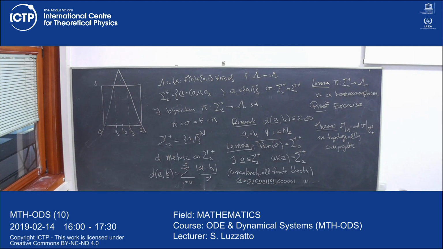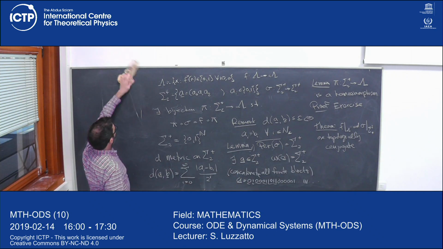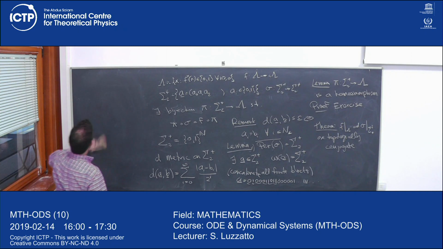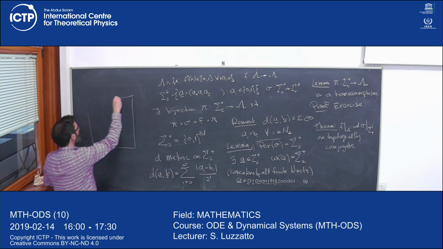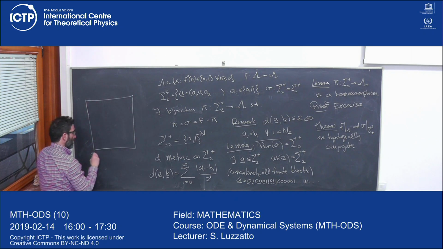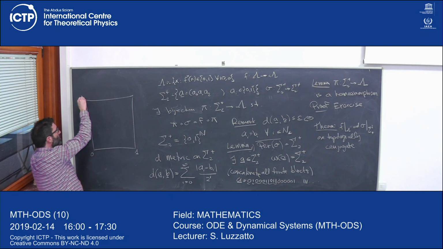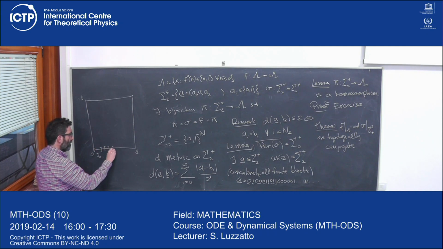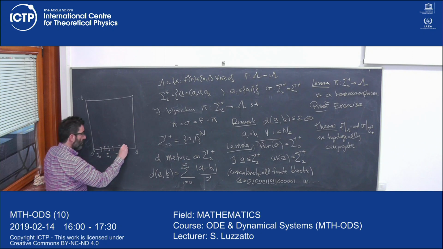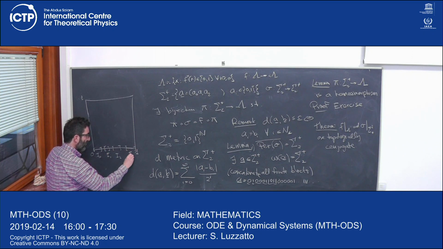Okay, so now I'm going to ask you how we can generalize this. First of all, notice what are the ingredients we used. Suppose we have a map like this. Suppose that we have 0, 1 to 0, 1, and suppose we have a certain number of disjoint intervals, I0, I1, I2, I3, for example.